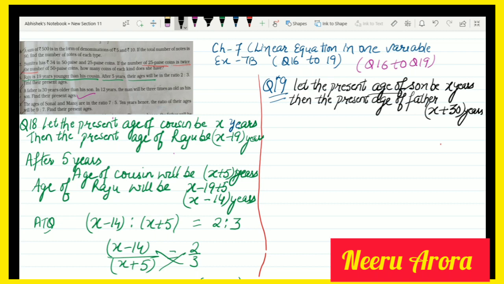Now the question says in 12 years. What will happen in 12 years? In 12 years, what will be the effect on ages? And we will apply the condition as well.